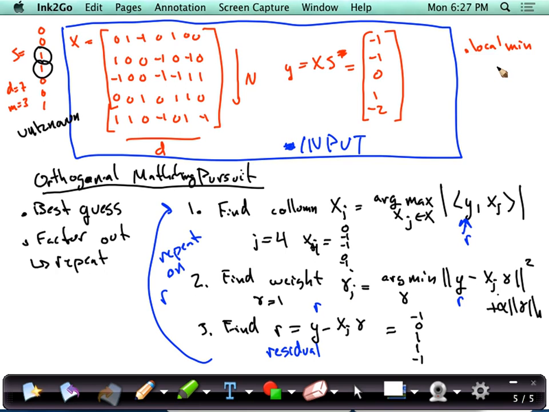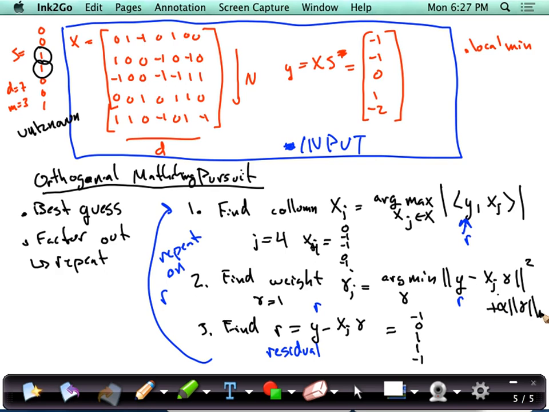So, all right. And then there are a variety of other things that you can do to try and solve this a little bit better. But this is the starting point for most of doing stuff in compressed sensing. And this is a pretty easy algorithm to implement, even with these add-ons.